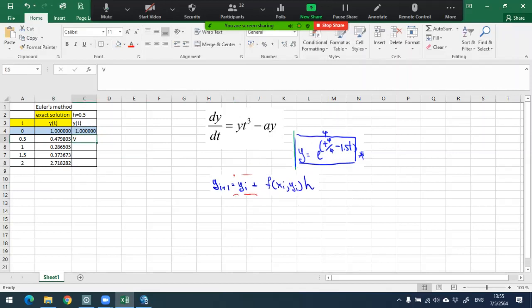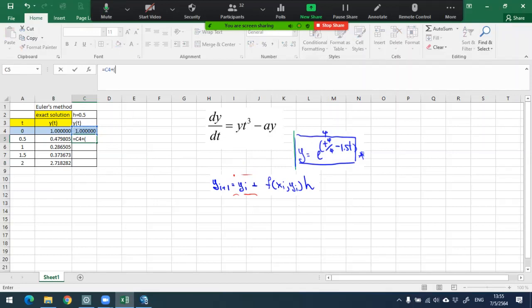So this is y_i, the value from the last step, plus f(x,y).